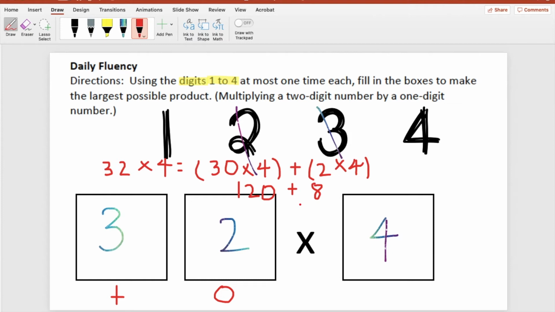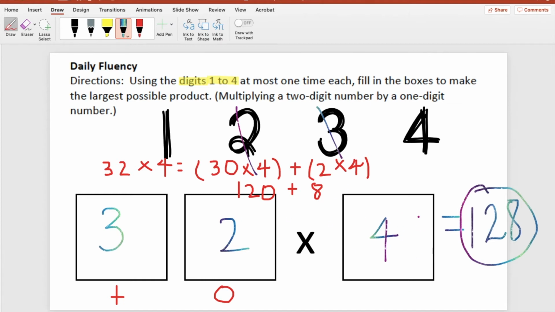Whoa, we made a way bigger number here. 32 times 4 is 128, because even though we had a little bit of a smaller number here, we had more groups of that number, and I'm just going to go ahead and tell you that this is the biggest number you can make. So we're going to move on to the next one, but go ahead and try that out a few times and see how many different numbers you can make.